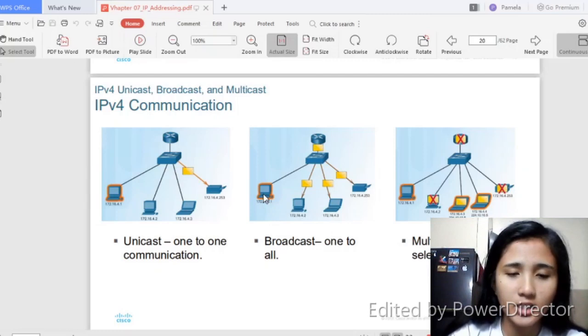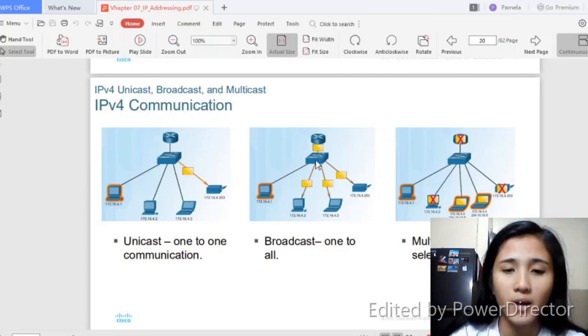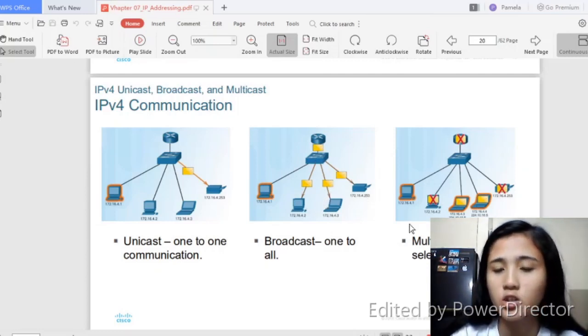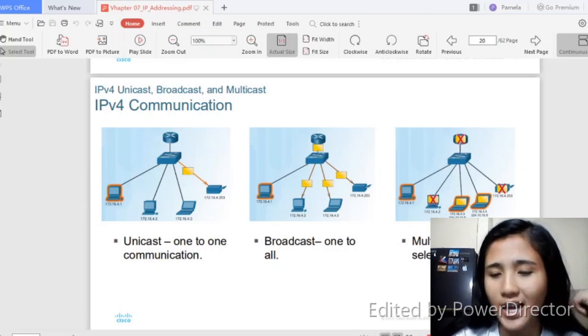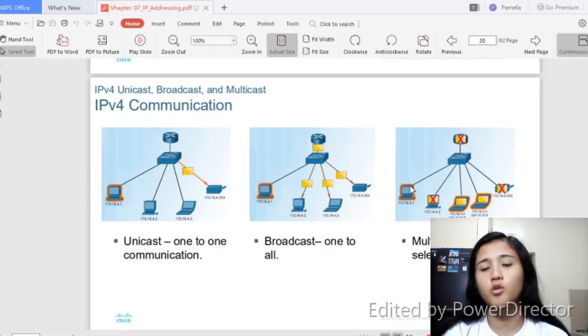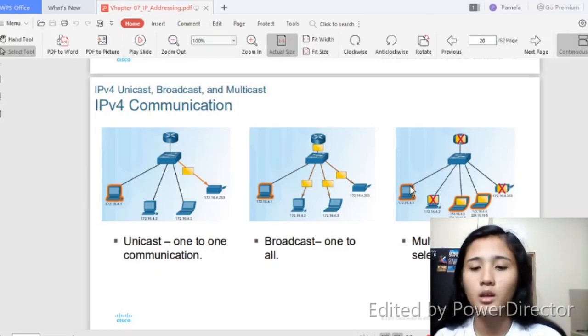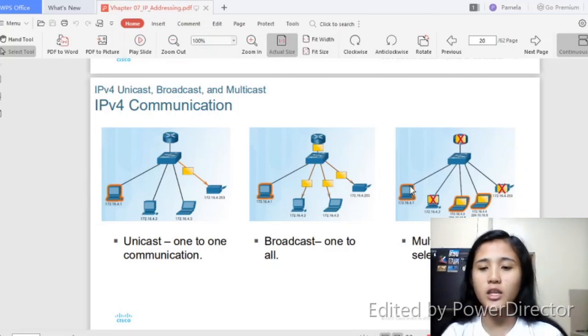Then the broadcast is where one message is sent but received by all of the computers. Then the multicast is one to a select group. The message will be delivered in the selected group.